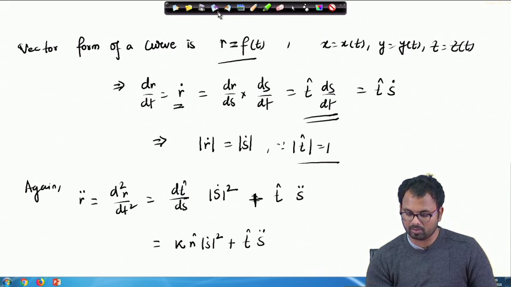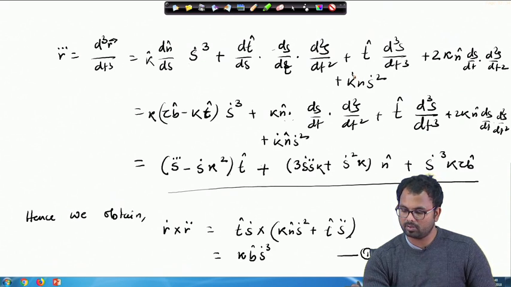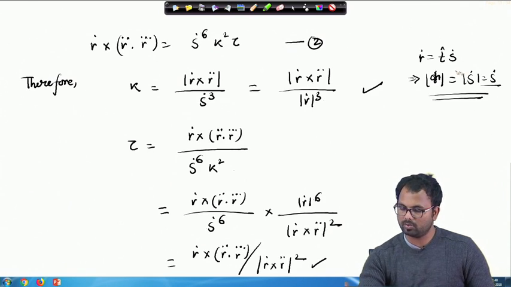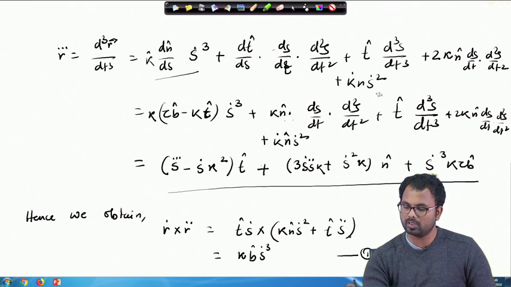kappa, then n dot s dot will be unchanged, so we have k dot, that means dk/ds, n s dot whole square, and then we are differentiating s dot, so this will come as 2 kappa n cap ds/dt times d square s by dt square. So that's what we have here. We had to pay close attention.